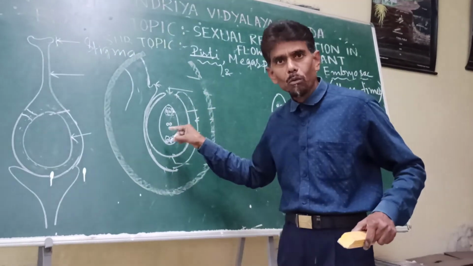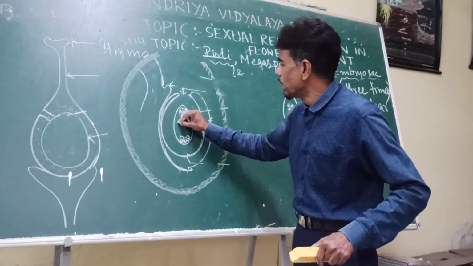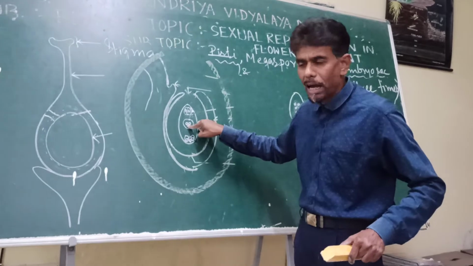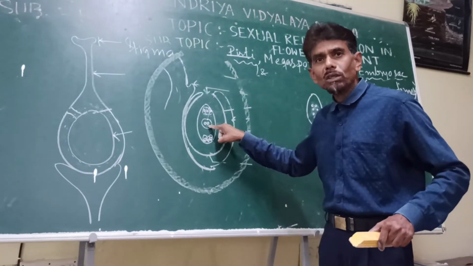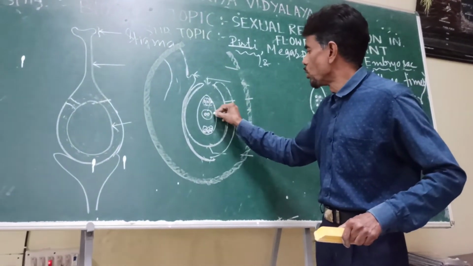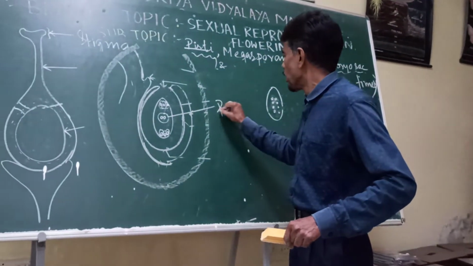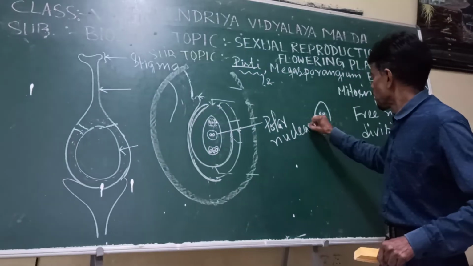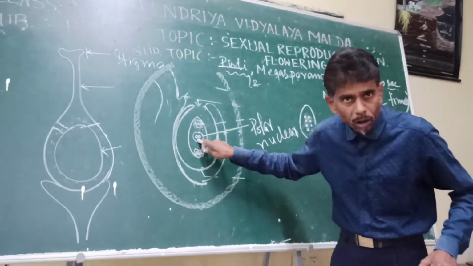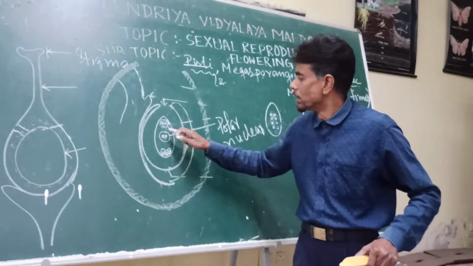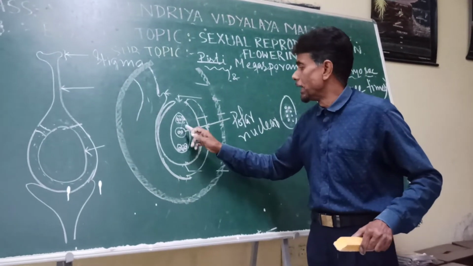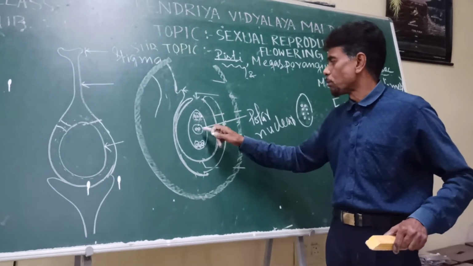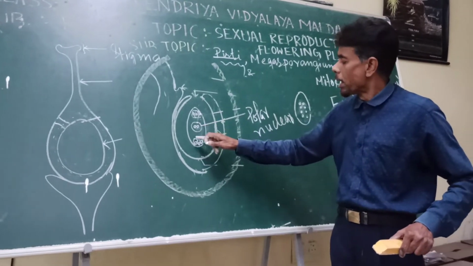But interestingly, the middle one is surrounded by a single cell wall. That is, the pair of nuclei is present within a single cell. These two nuclei are called polar nuclei. As they are present at the pole, they are called polar nuclei, surrounded by a single cell wall. It acts as a single cell. So three cells, then the fourth cell, and 5, 6, 7.